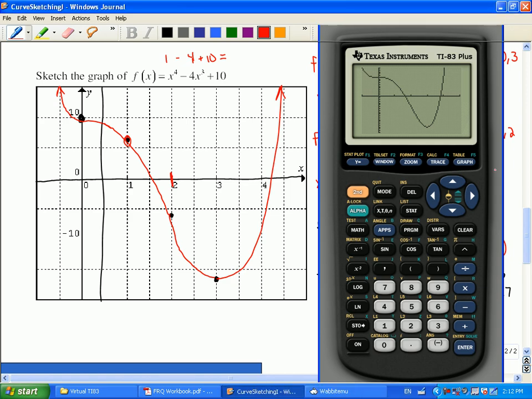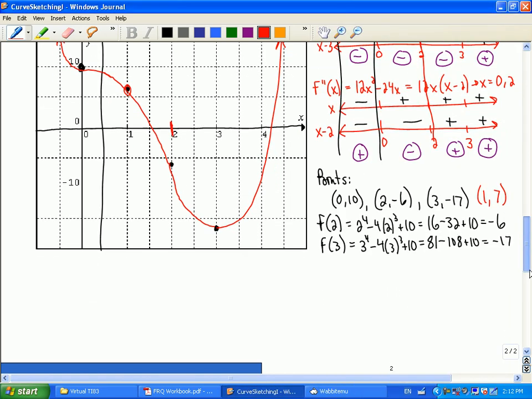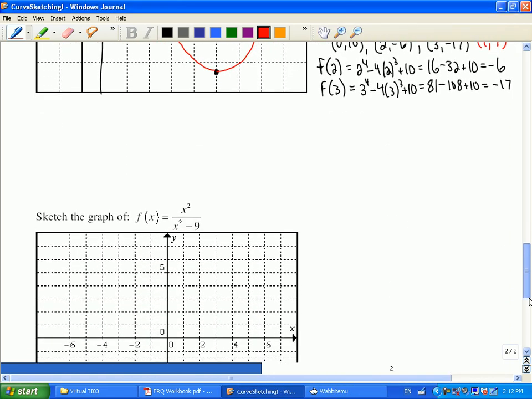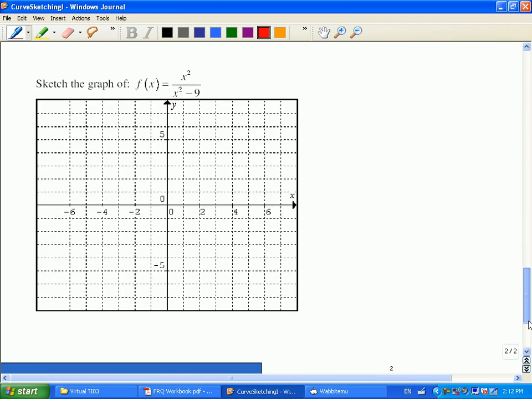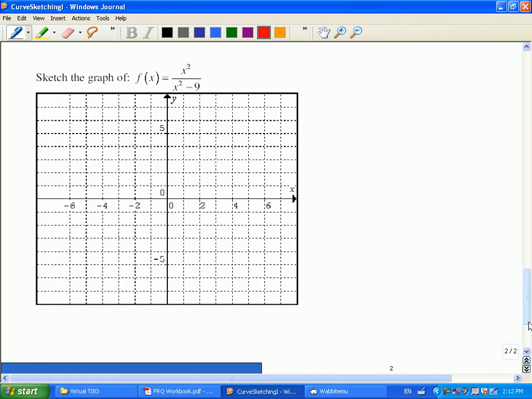Okay, so that's really as much curve sketching as we're going to need to handle. There are a couple tricks that you can do. I'm not going to get into any major depth of tricks, but what do you think about this one here?